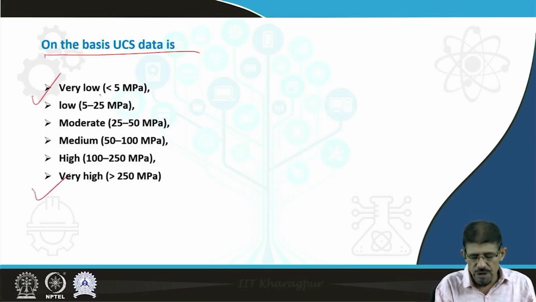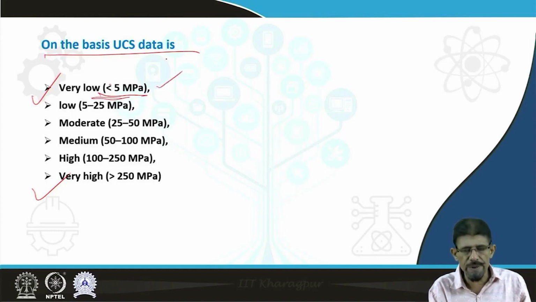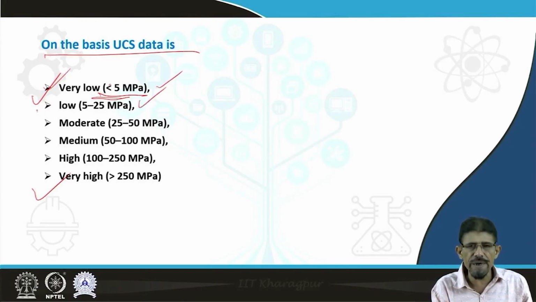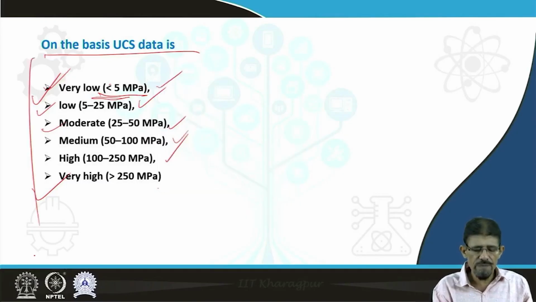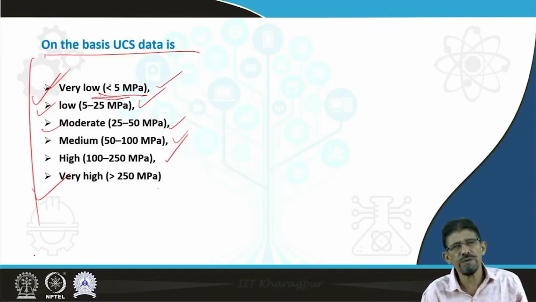Here you can see a rock showing a value less than 5 MPa is categorized as very low, 5 to 25 MPa as low, 25 to 50 moderate, then 50 to 100 medium, then 100 to 250 high, and more than 250 MPa very high. In this way we are going to categorize this.